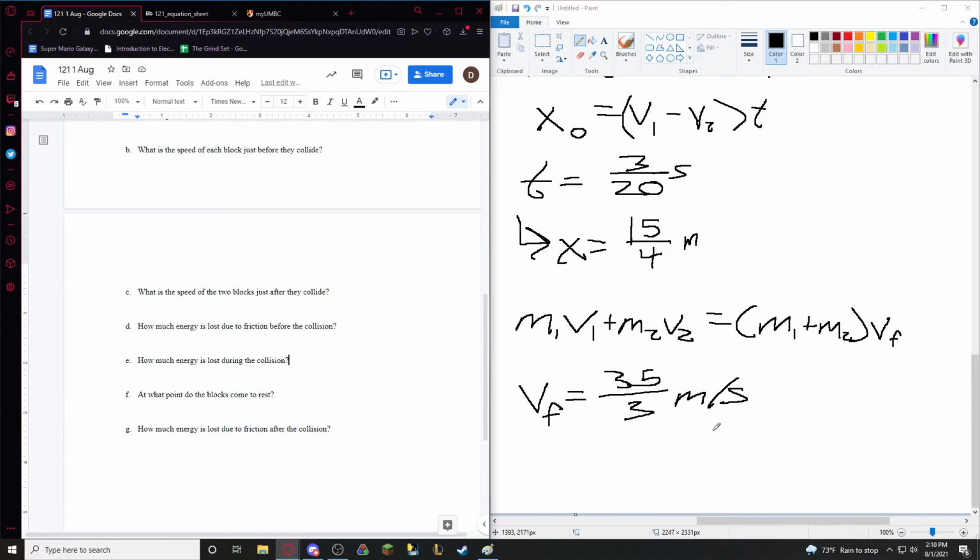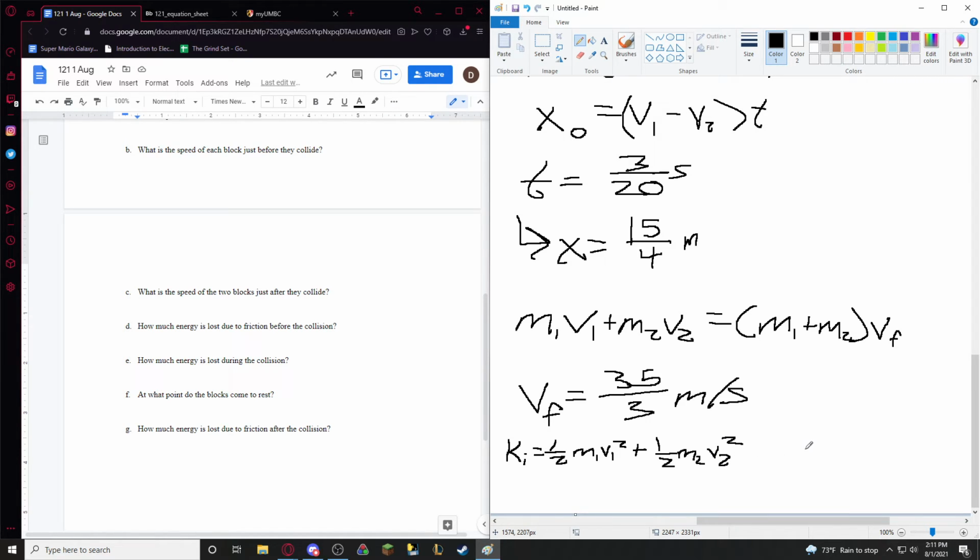Are the masses and velocities the same? No, that's why it won't be mv squared. It would be half m1 v1 squared plus half m2 v2 squared, and that equals half m1 plus m2 times vf squared.